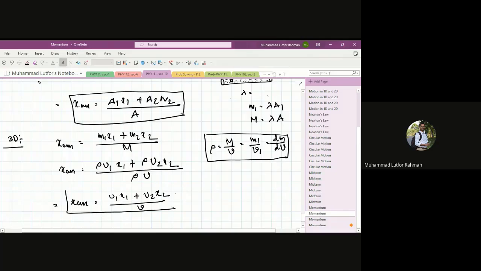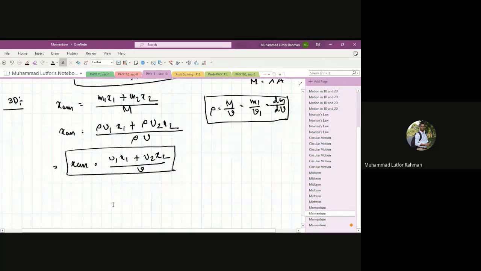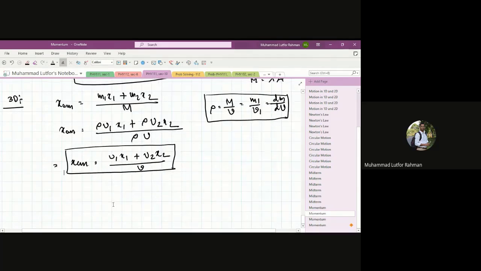And for the Y component, you just replace X with Y. I can write Ycom as V1 Y1 plus V2 Y2 divided by total V. So that's what we basically find in the three-dimensional case.